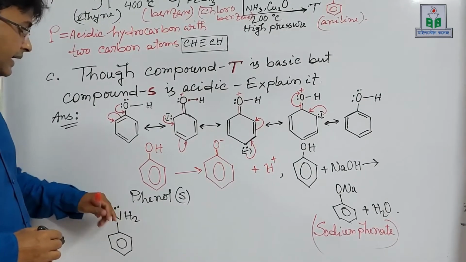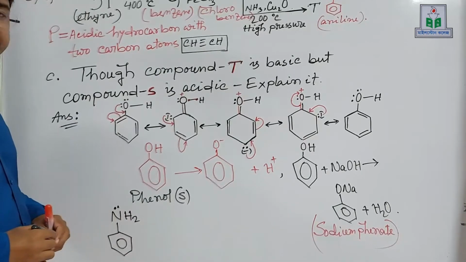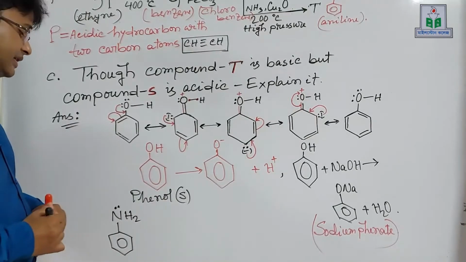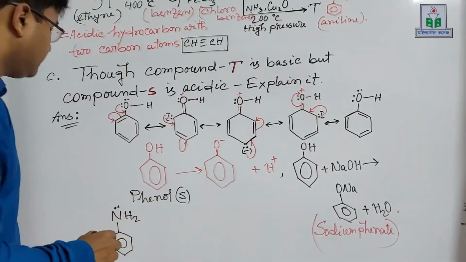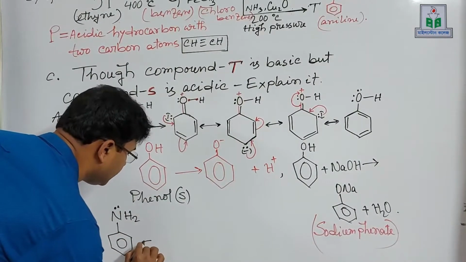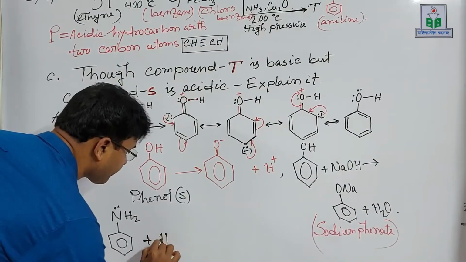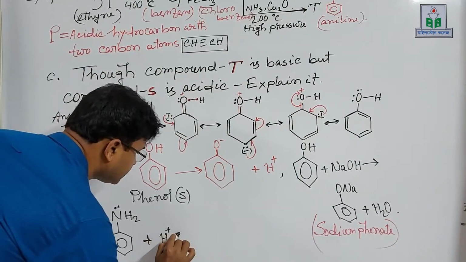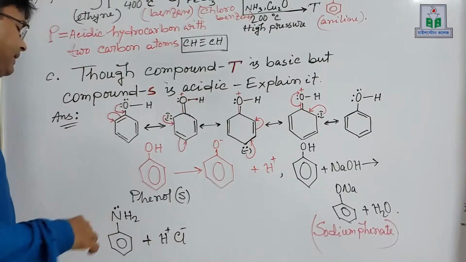Here, the nitrogen of aniline contains a lone pair of electrons which it donates to a proton to produce anilinium ion.